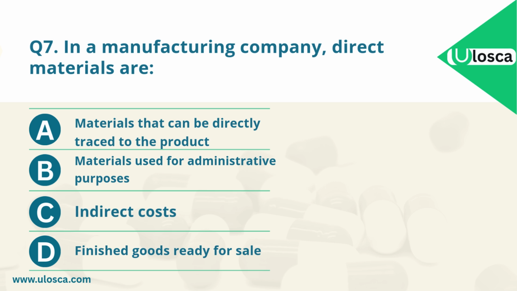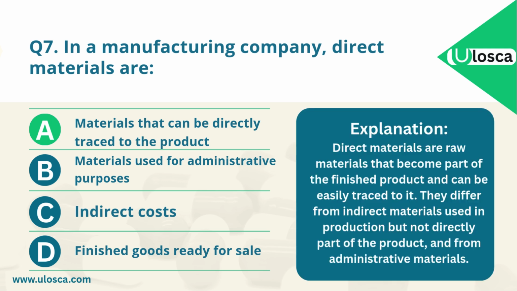The correct answer is A. Materials that can be directly traced to the product. Explanation. Direct materials are raw materials that become part of the finished product and can be easily traced to it. They differ from indirect materials used in production but not directly part of the product, and from administrative materials.